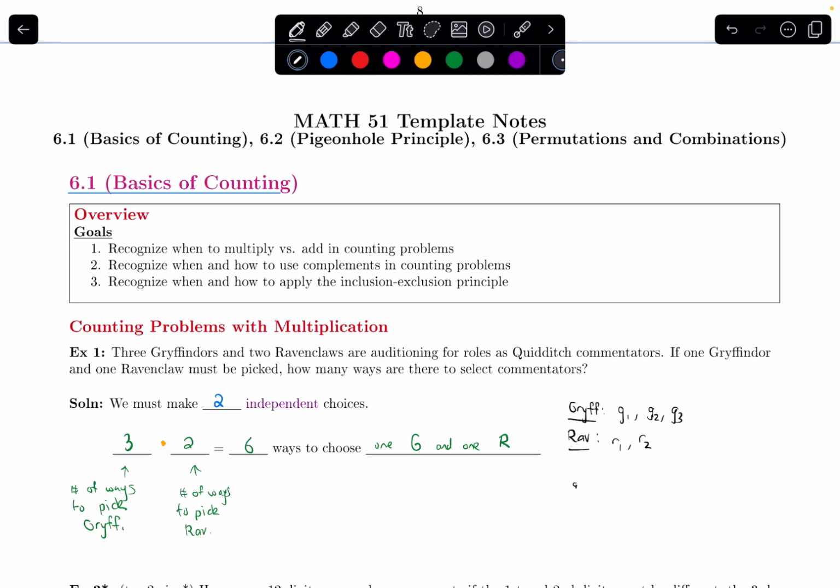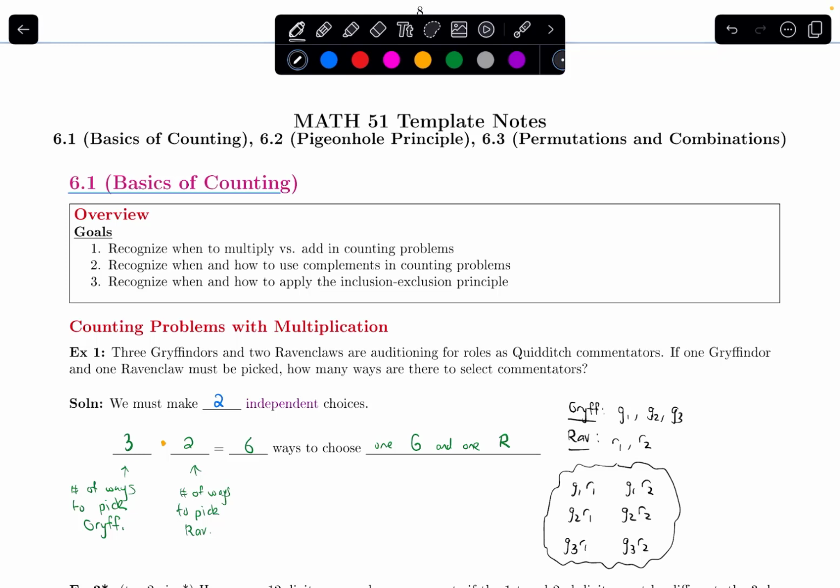So the first Gryffindor could go with the first Ravenclaw, or G1 could go with R2, or G2 could go with R1, or G2 with R2. And then finally G3 could go with R1 and G3 could go with R2. Okay, so there are indeed 6 total pairings of these Gryffindors and Ravenclaws.